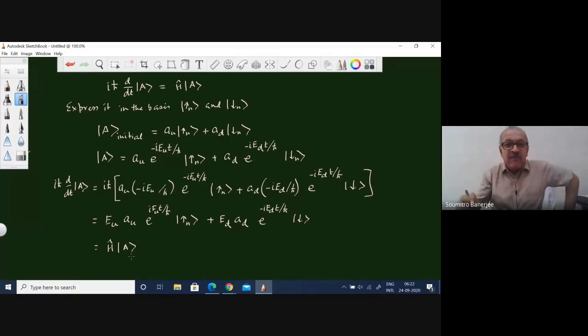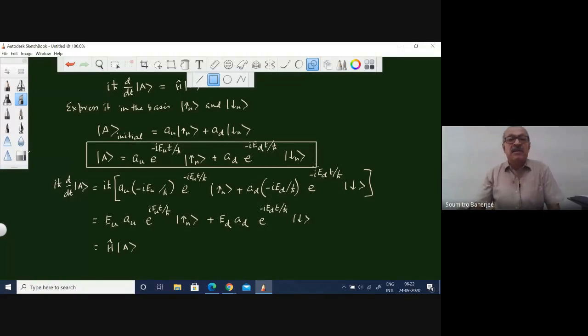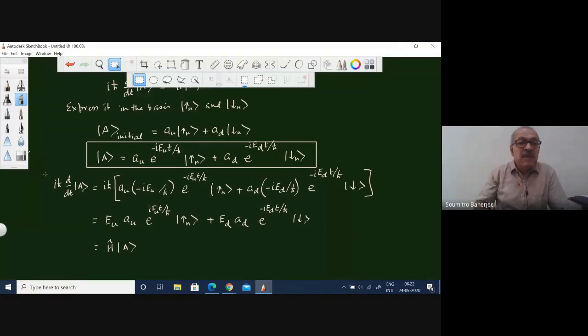So what we are pointing out is that it is better to focus on this particular thing, which I'll block off. This is how the state evolves. The rest is just a proof that it works, and I'll delete this.